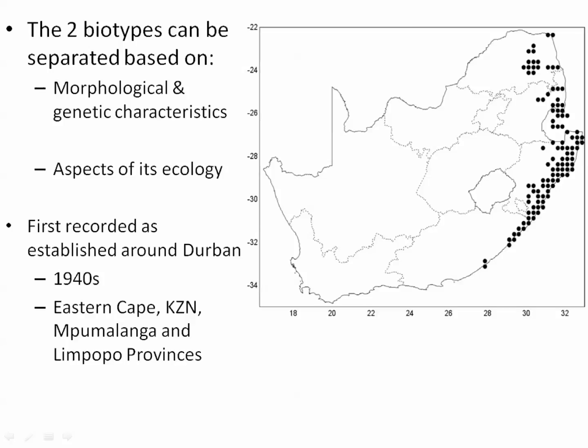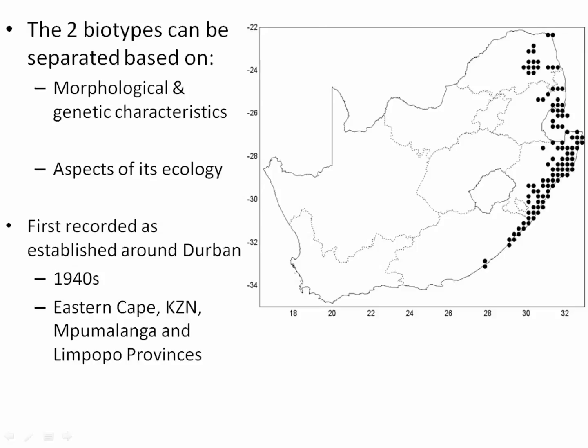They can also be differentiated based on aspects of their ecology, as reported by Kluge 1990 and Zachariades 2005. The Southern African Chromolaena biotype is more fire prone and more cold tolerant, whereas the Asian West African biotype is less cold tolerant.